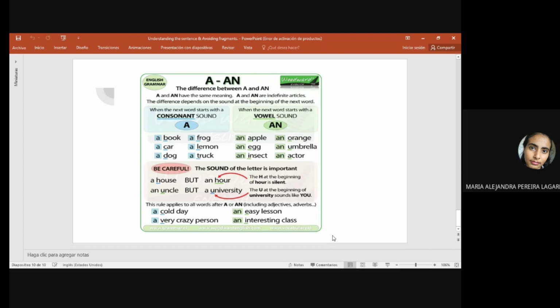The rules apply to all words after a and an, including adjectives and adverbs. In that case, it's a cool day, a very crazy person, an easy lesson, an interesting class.